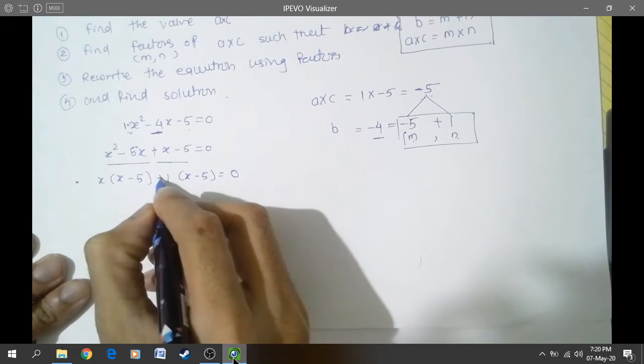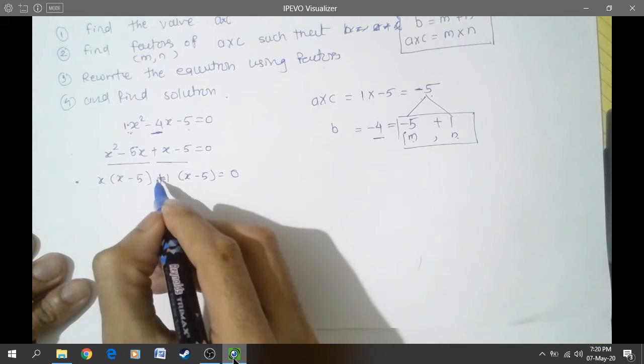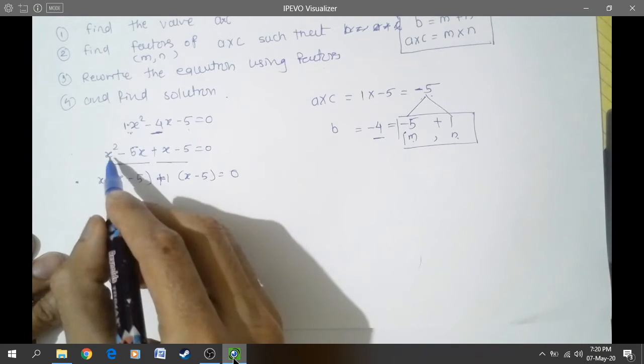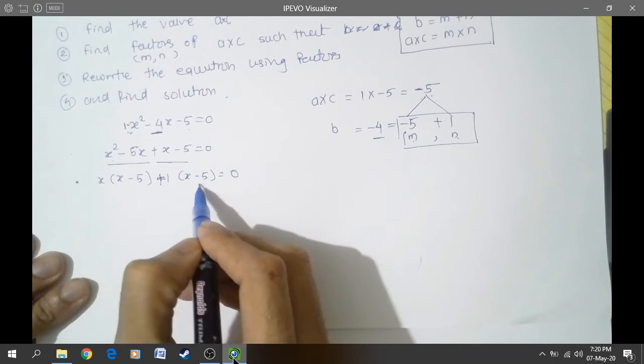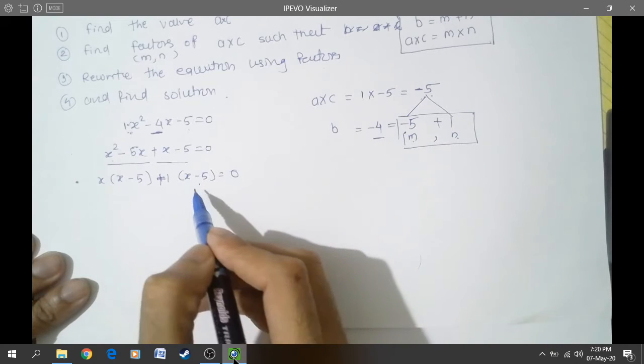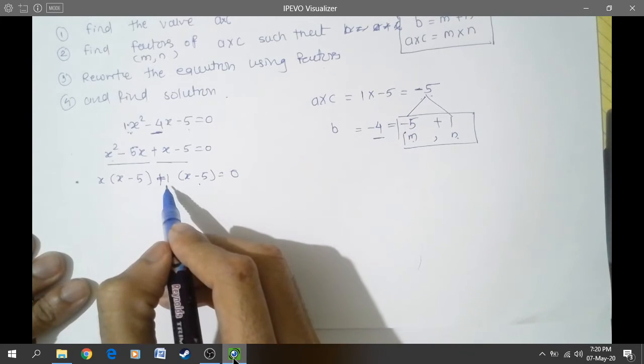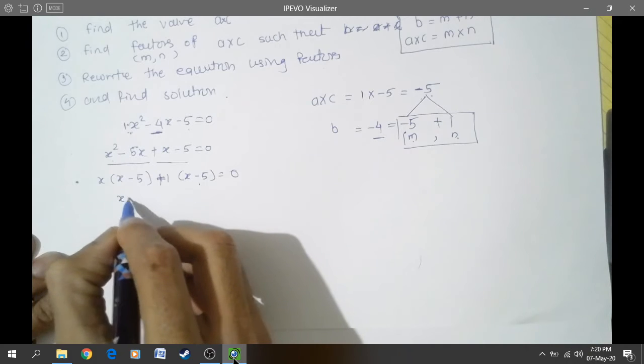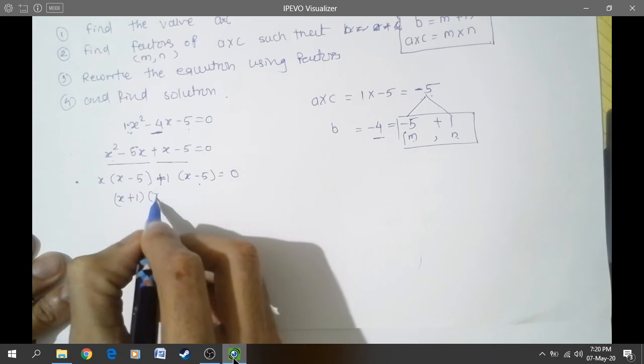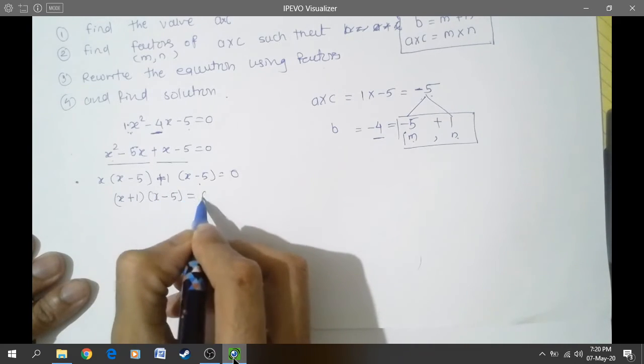You should have done this earlier, right? In the polynomial chapter, we can take the common x, remaining is x minus 5. x minus 5 is also the second term, and what is the required term here? Plus 1. Then we can write x plus 1 into x minus 5 is equal to 0.